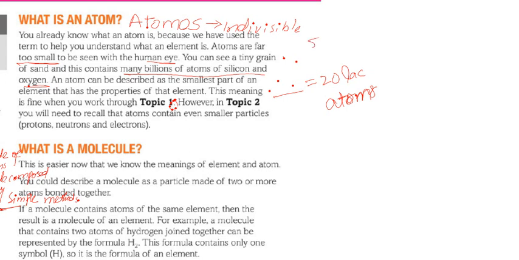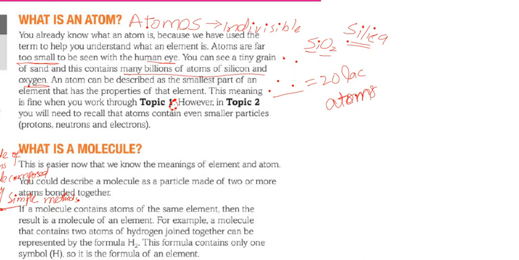Silicon dioxide, SiO2, or it is also called silica. So it has silicon and oxygen in atomic ratio 1:2, meaning 1 of silicon and 2 of oxygen combined to form the sand.